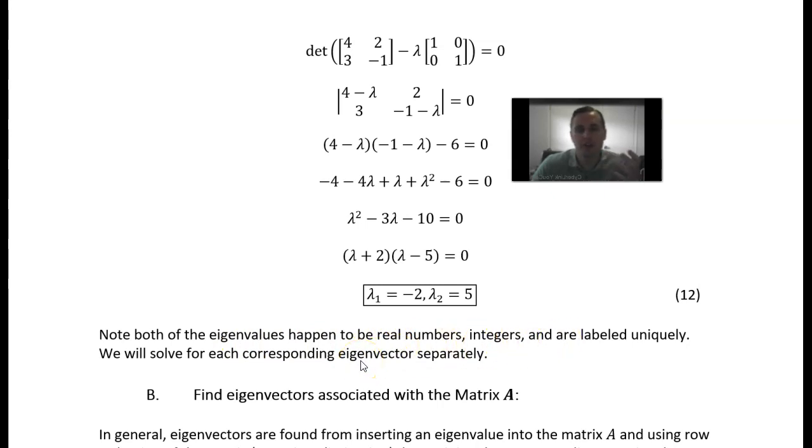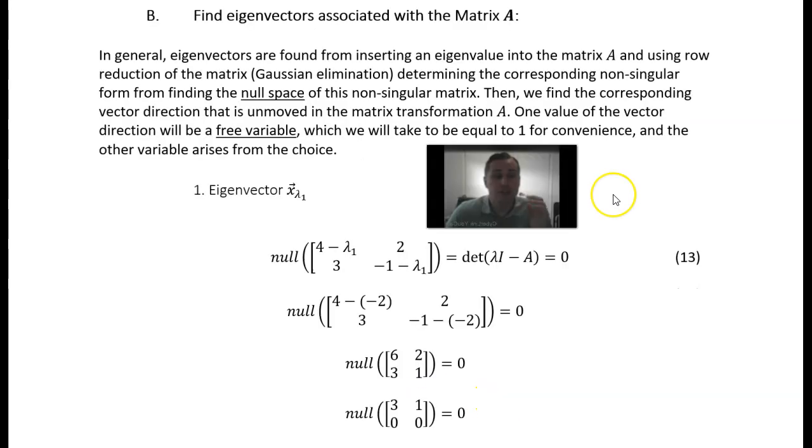So we'll solve for each eigenvector separately of the matrix A. How do we find the associated eigenvectors of the matrix A? In general, eigenvectors are found from inserting eigenvalues into the matrix A using row reduction of the matrix, which some of you know as Gaussian elimination. It's basically row reducing a matrix, determining the corresponding singular form and finding the null space of that matrix.